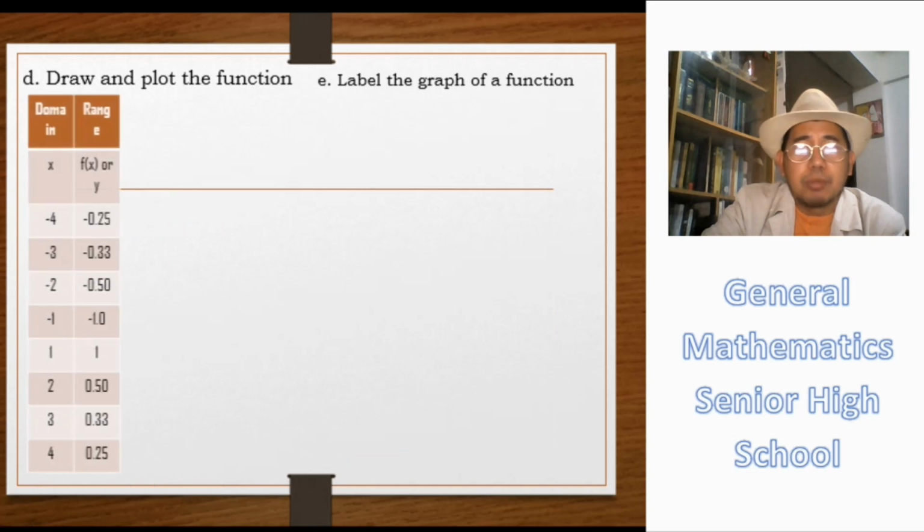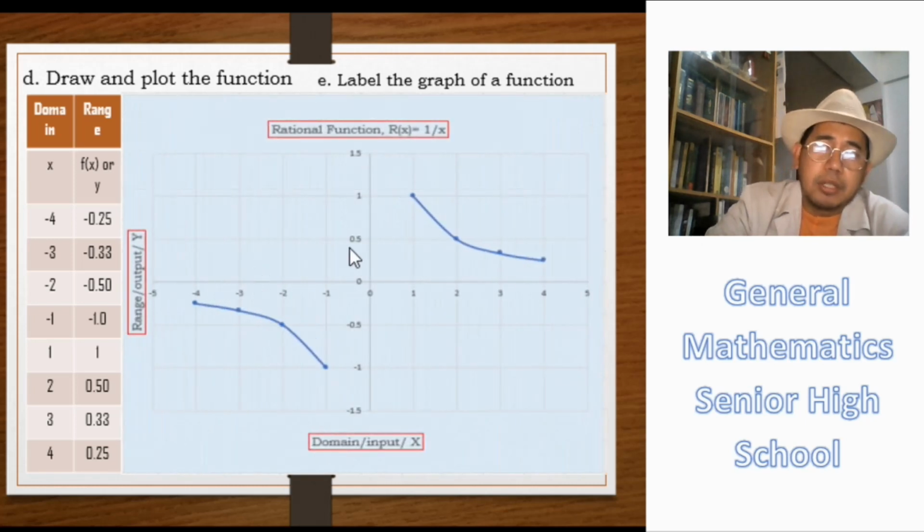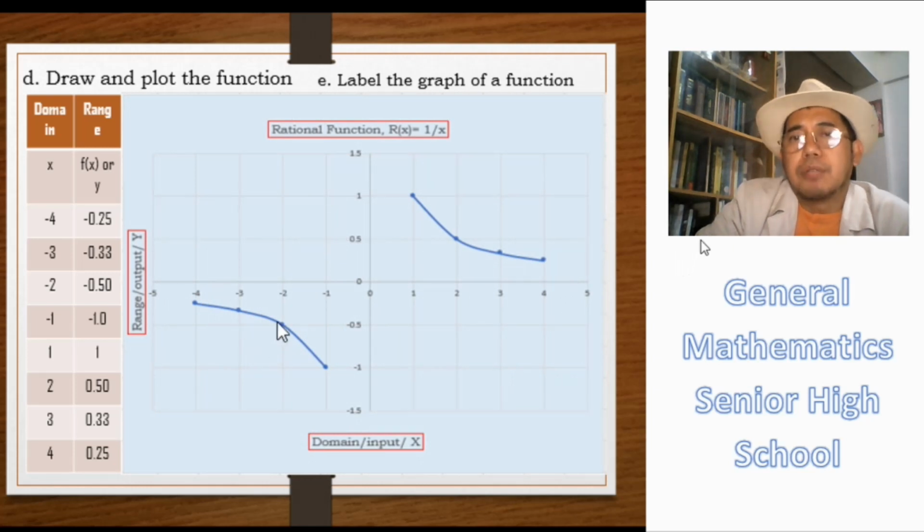Of course, I'm going to consider the different coordinates. So I have at least 8 coordinates. After having these coordinates, I'm going to draw my Cartesian plane. And having the Cartesian plane, I'm going to plot the different coordinates. Now you will notice in here I have two graphs. Why two graphs?